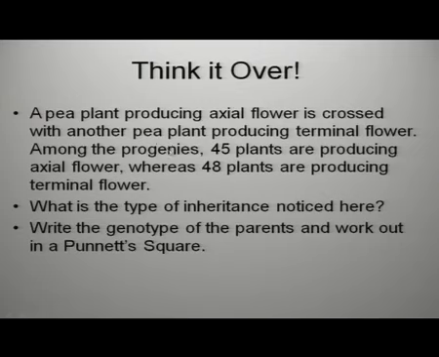Now, among the progenies, by crossing these two plants, 45 plants are producing axial flower, whereas 48 plants are producing terminal flower. Here the question is, what is the type of inheritance noticed here?